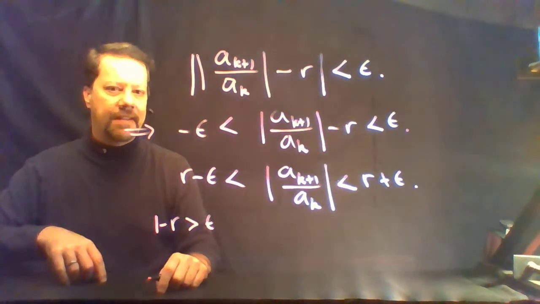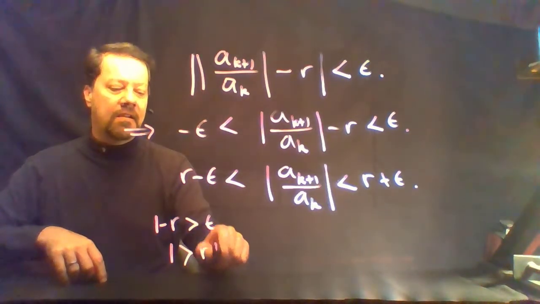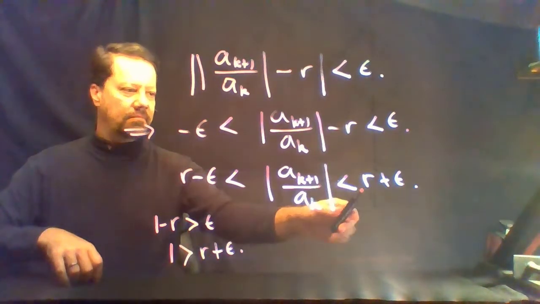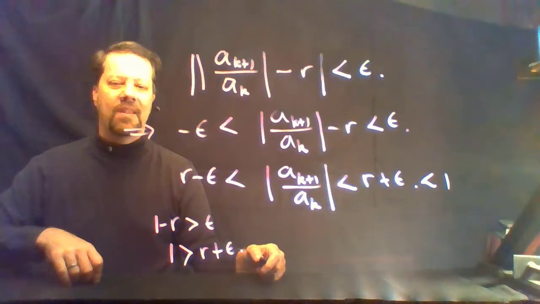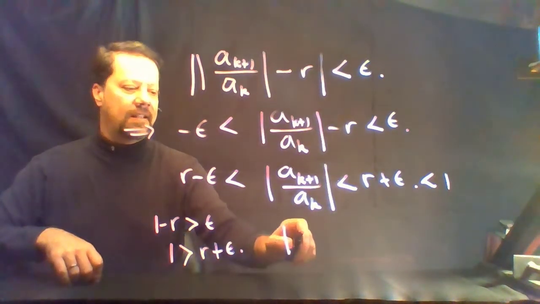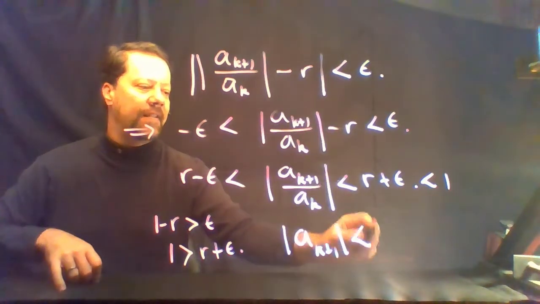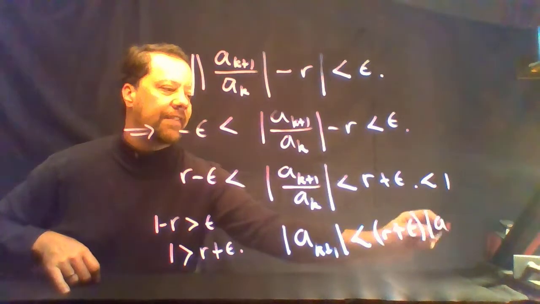Epsilon was smaller than this value, which means that 1 is greater than r plus epsilon. You can see that this is less than 1. It follows then that the absolute value of a_{k+1} is smaller than r plus epsilon times the absolute value of a sub k.